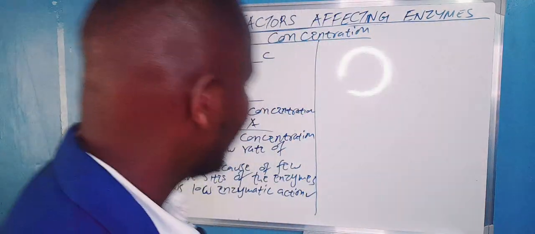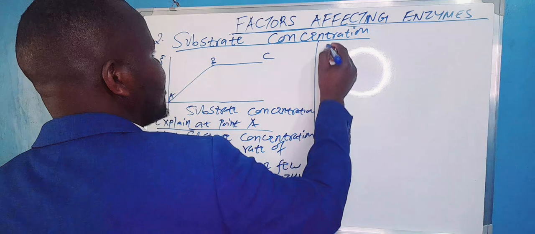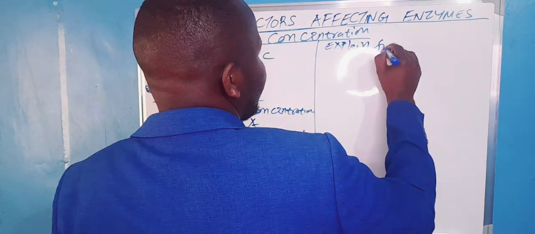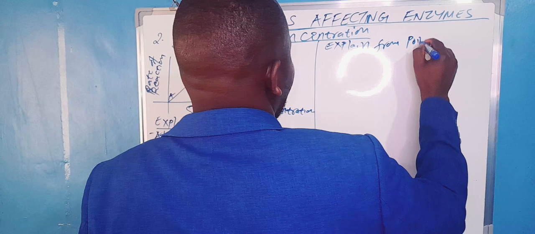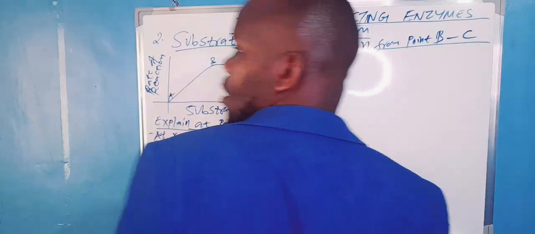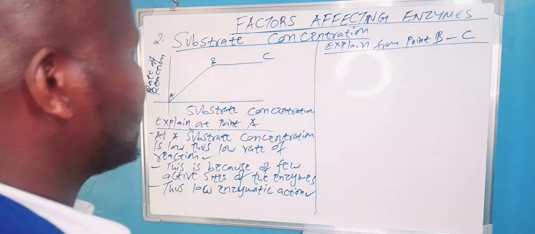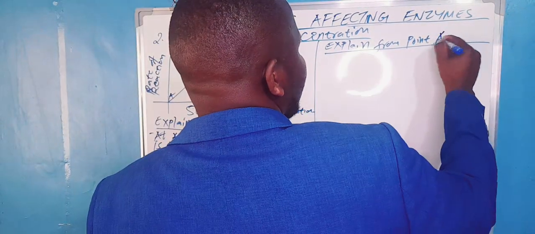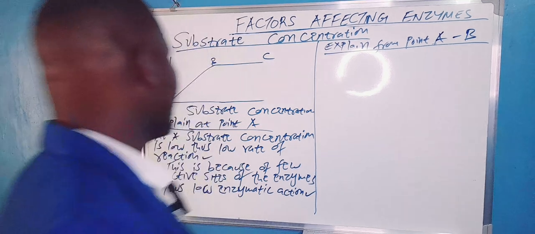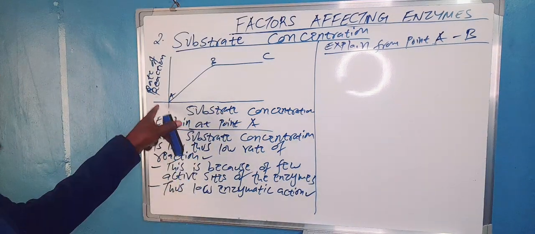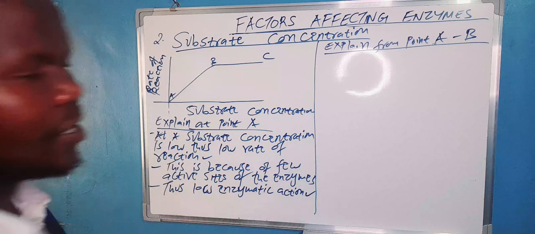That is it. Then from point B, explain from point B to C. How do you explain? First A to B. The same story. As you increase your substrate from this point to this point, the rate of reaction is increasing rapidly.